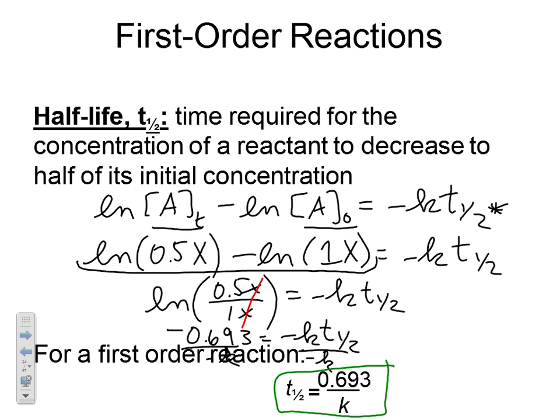So this is our half-life for first order reactions. And it just comes straight from our integrated rate law, and that's all it is. T1/2 equals 0.693 over k. It's simply taking that integrated rate law for first order reactions, plugging in half of your concentration, and going from there, and you get that equation.